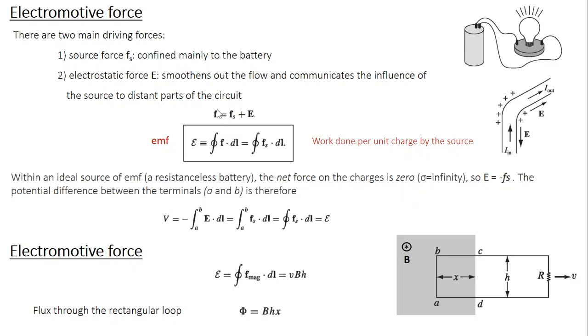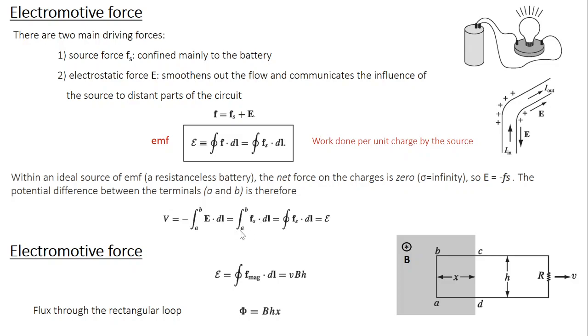So F equals 0, you can write E equals minus Fs. Now the potential difference between the two terminals A and B of the battery you can write as V equal to negative integral A to B E dot dl, or instead of minus E you can write plus Fs. So this is integral A to B Fs dot dl.